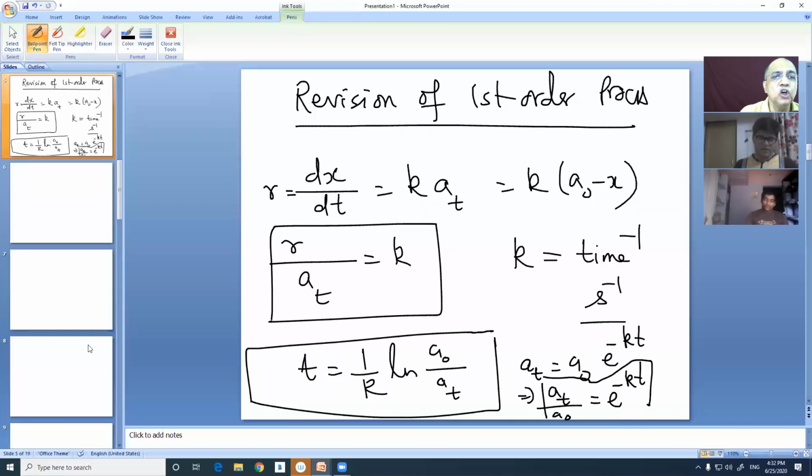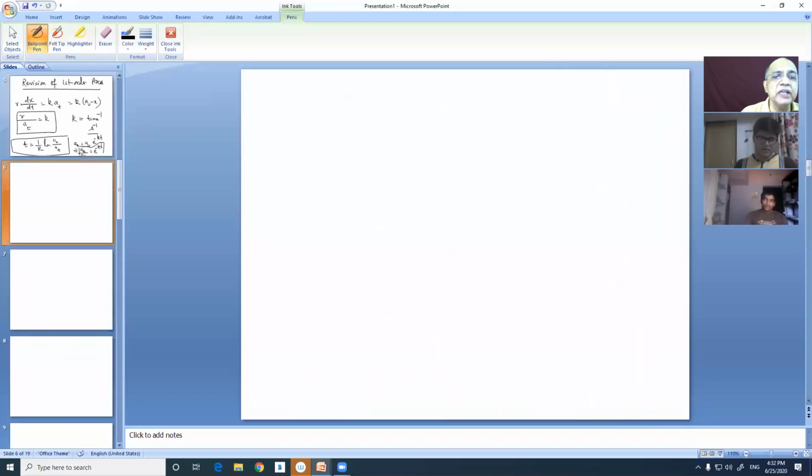Raise your hands, otherwise I will choose at random. I told you the trick how to find out what fraction will remain, and then subtracting that from 1 will give you what fraction is converted, and multiplying with 100 will give you the percentage of reaction complete.